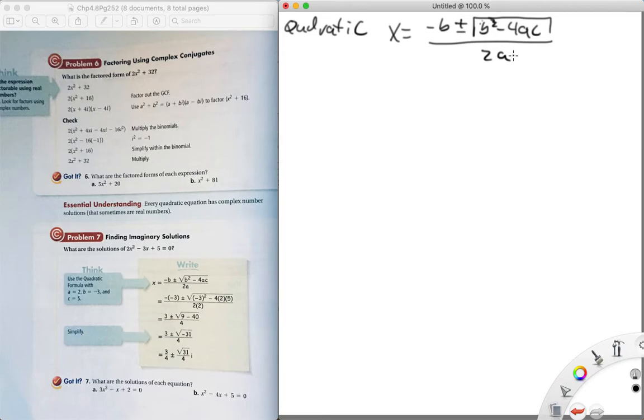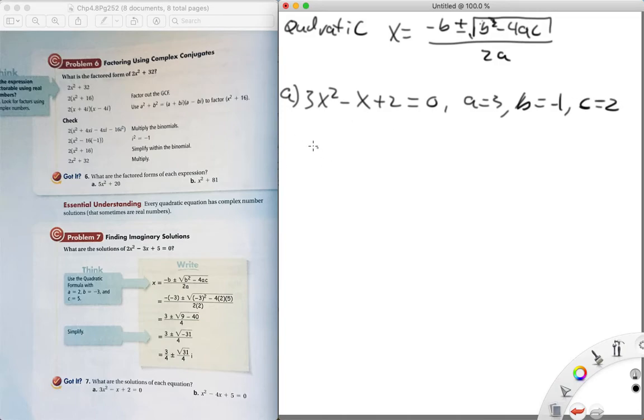Now, before, when we had a negative number in between here, we just said there was no solutions and we left it alone. In this case now, we're going to use i instead and still solve. They give us 3x squared minus x plus 2 equals 0. So a equals 3, b equals negative 1, and c equals 2.